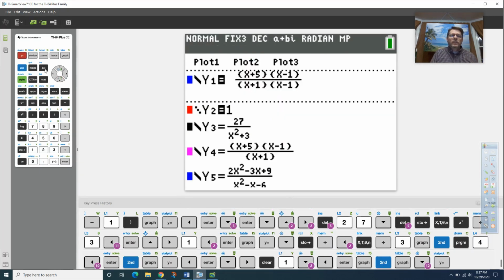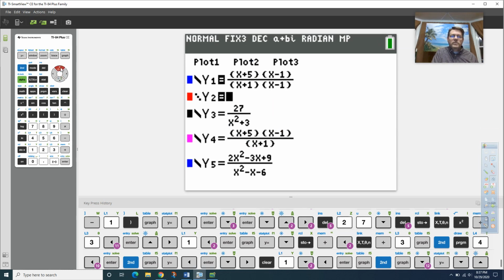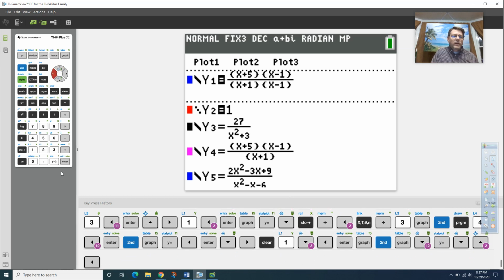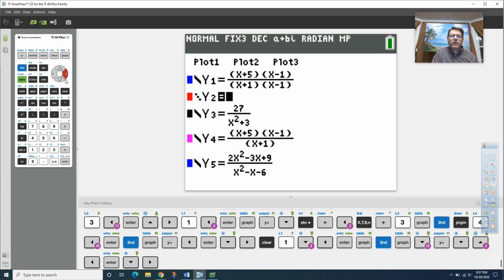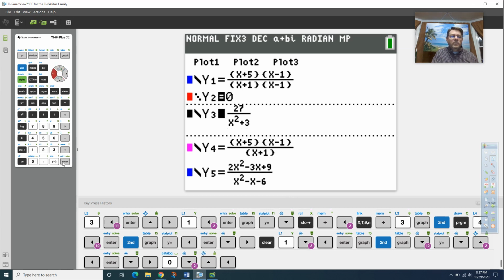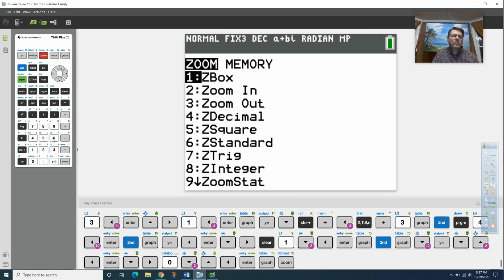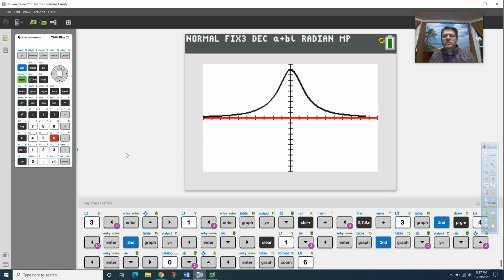So let's go back over here, make some adjustments. Let's turn that guy off, so I can use him later. And I guess we said the horizontal was going to be 0, right? And come back over here and turn this guy on. That's the one we're about to graph. And so let's go take a look at this guy. Wow, that is so weird.